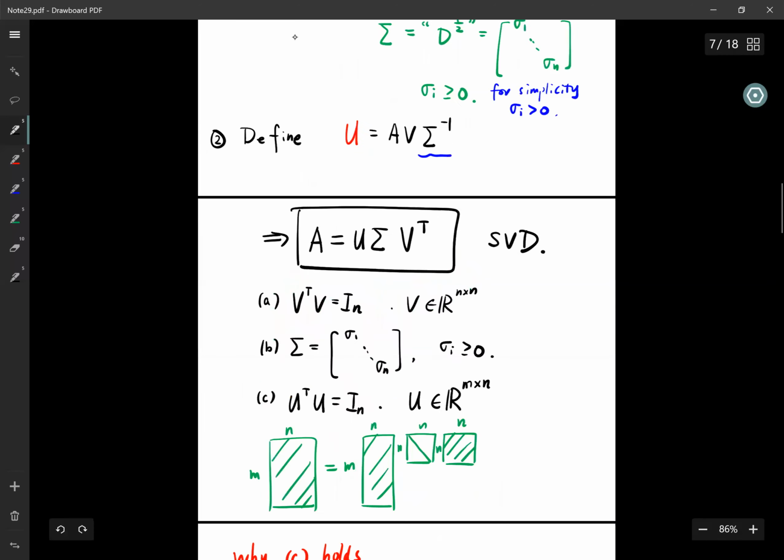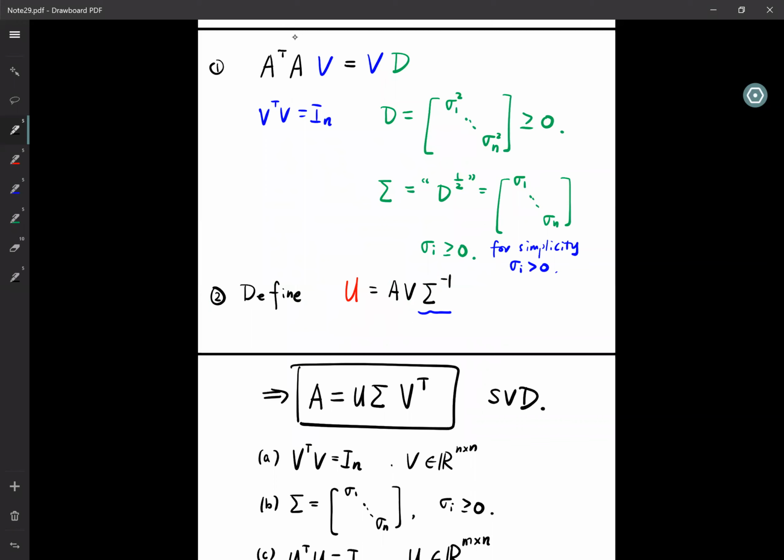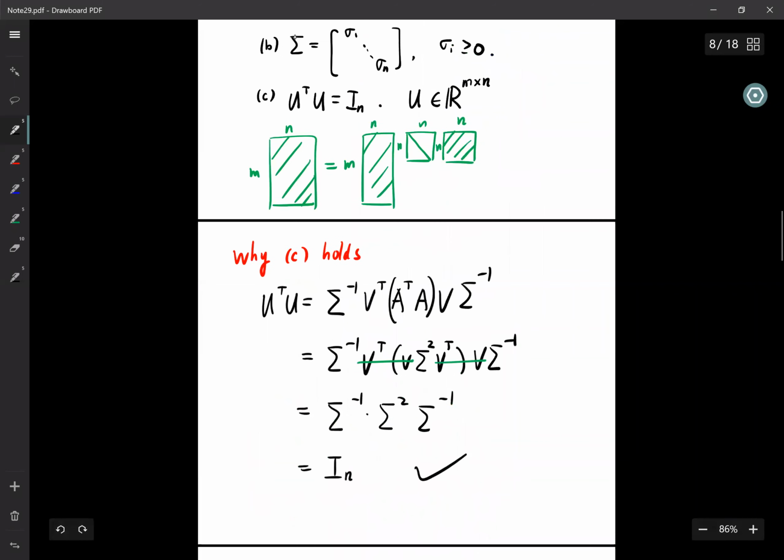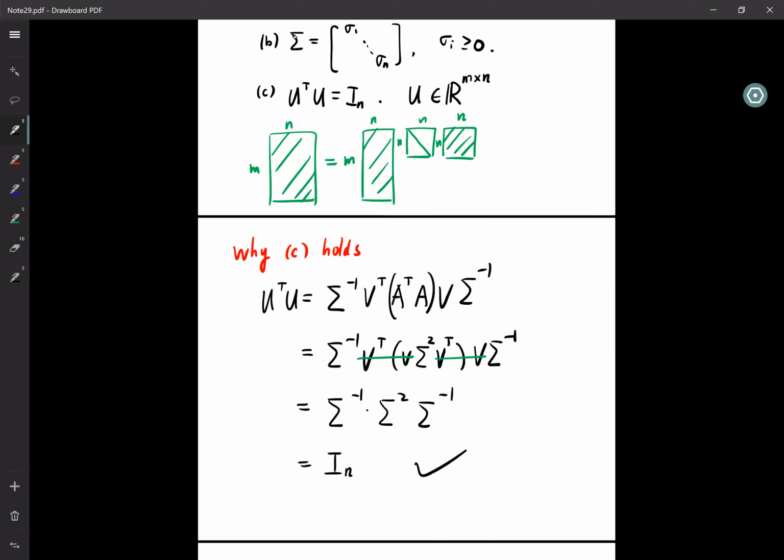For simplicity, I'm not talking about the case where some of the sigma i's are 0. I'm going to talk about that later. But if you assume all the sigma i's are positive, then the sigma inverse would exist, and we can find U transpose U is I n.